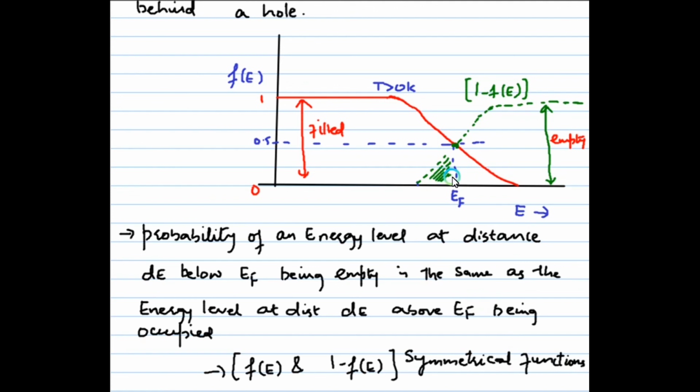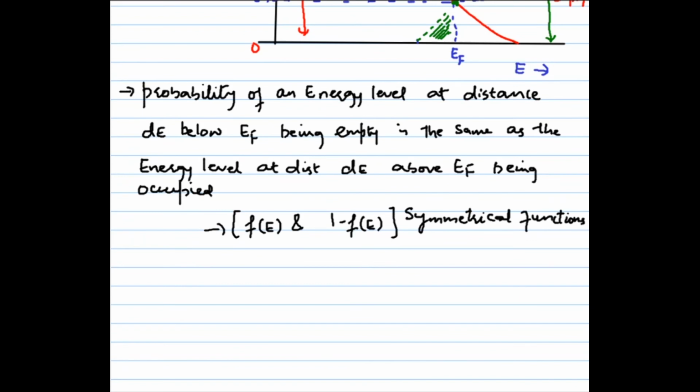Because the probability of finding a hole at a distance dE below EF is the same as the probability of finding an electron at a level of the same distance above EF, since the distribution functions are changing like this. Alright, so this is all about our Fermi-Dirac functions.